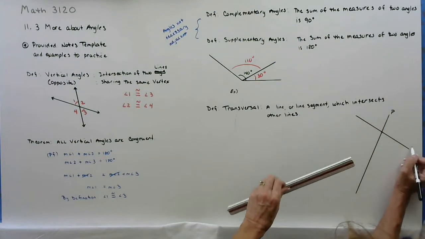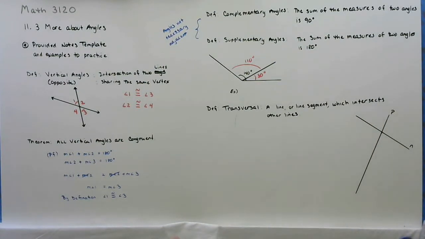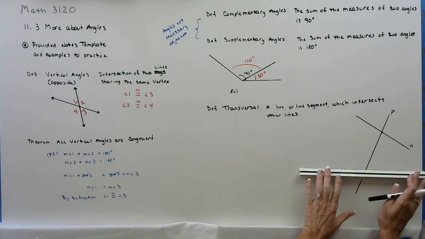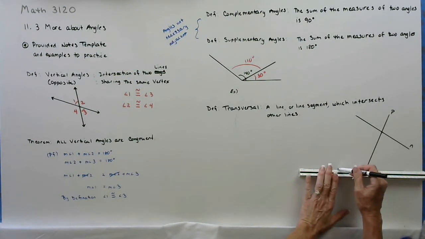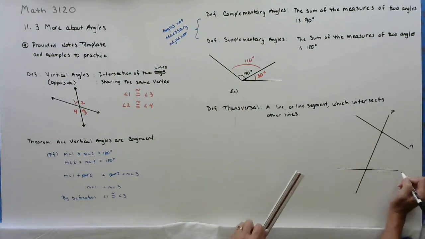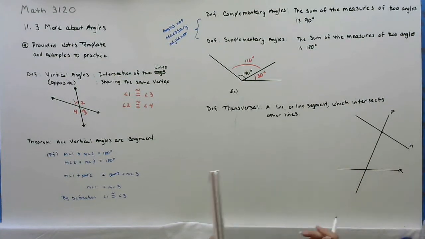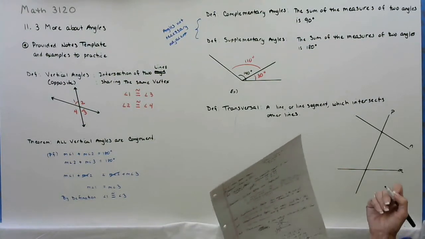I'm going to call this line line N. And then we'll take this other line over here and we'll call this one line M. And usually you might use cursive or you might use lowercase letters to represent lines. Uppercase letters represent points or vertices.